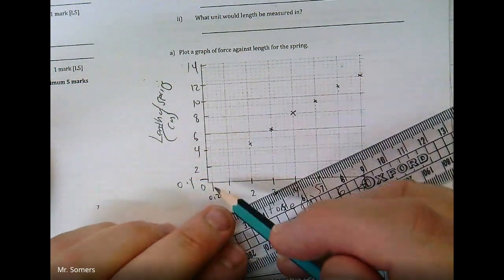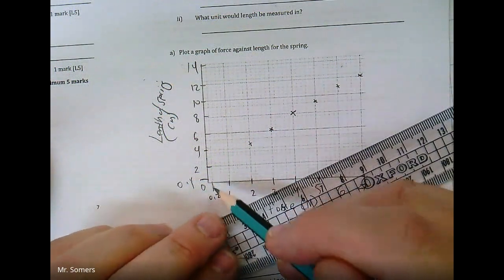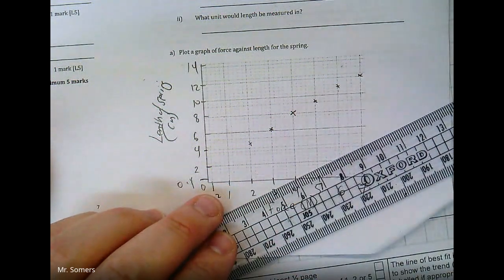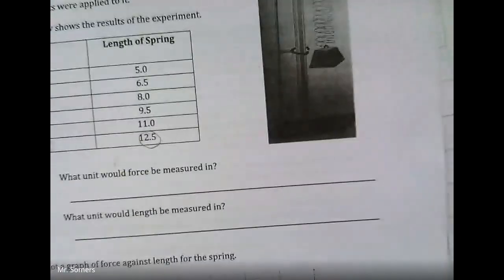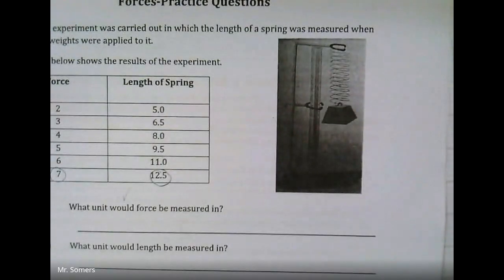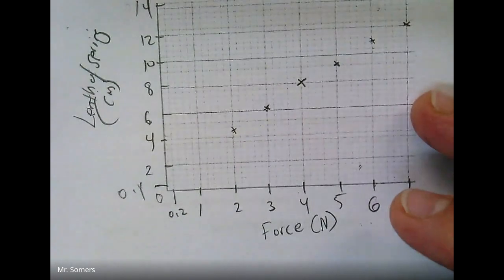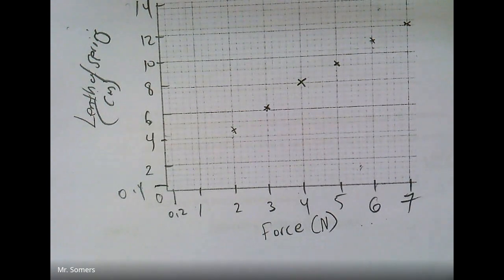I have to decide as well, do I go through the zero? Look at the picture again. Does it make sense that if there is no mass, there be no extension? In this case, yeah. If there's no mass, the spring is not going to extend at all. So 0, 0, you can actually go through the origin, but you don't always have to. It's not a necessary thing to go through the 0, 0.